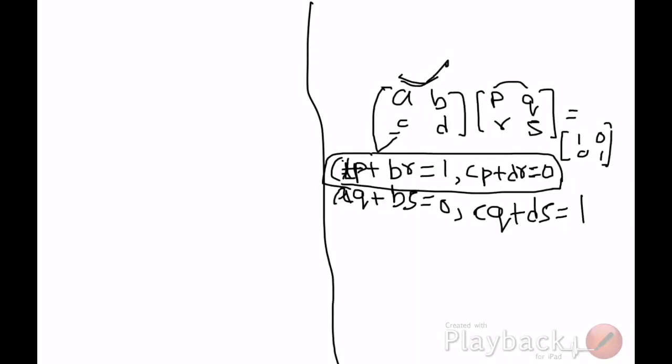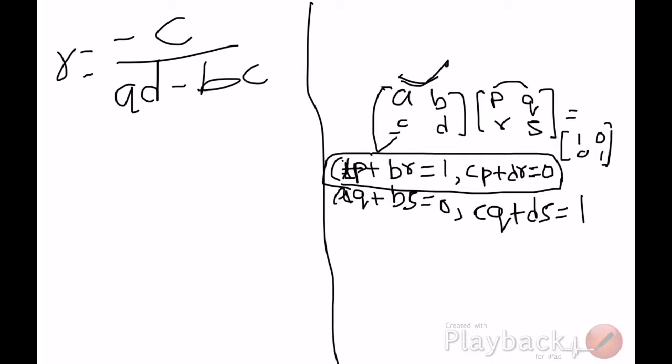Now we know the value of R, negative C over AD minus BC. You can now find the value of P. Just substitute in the zero equation, because with zero you can make nice equalities.